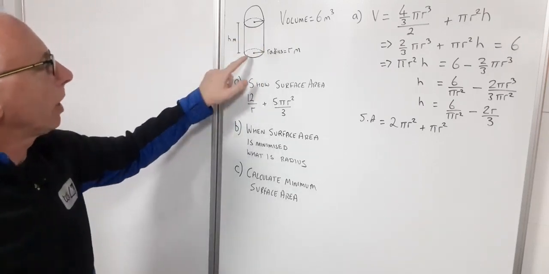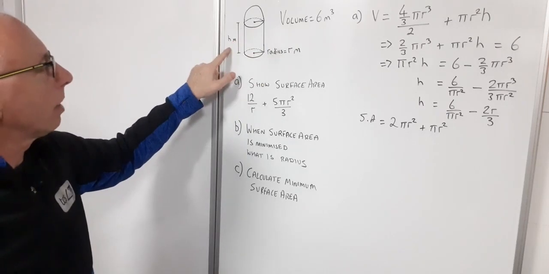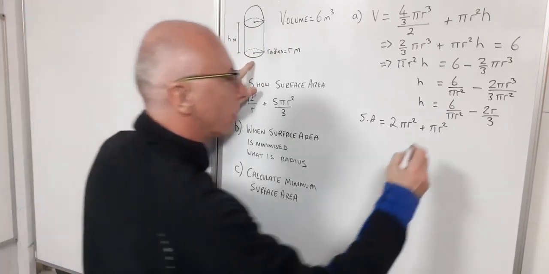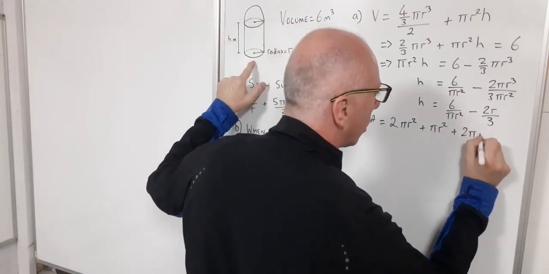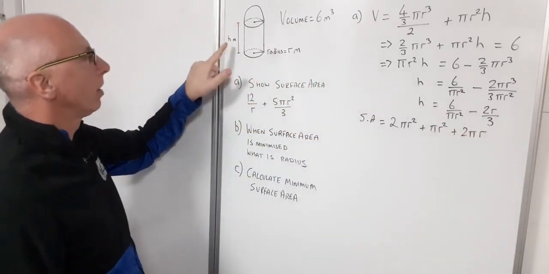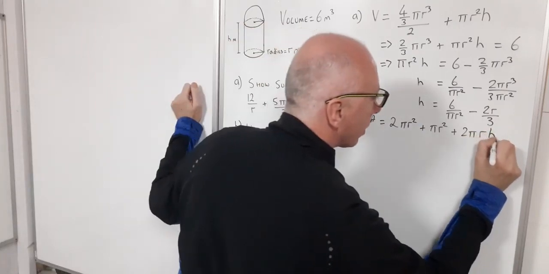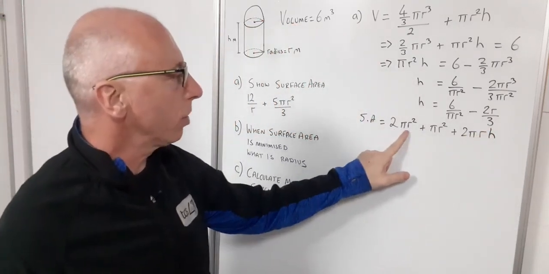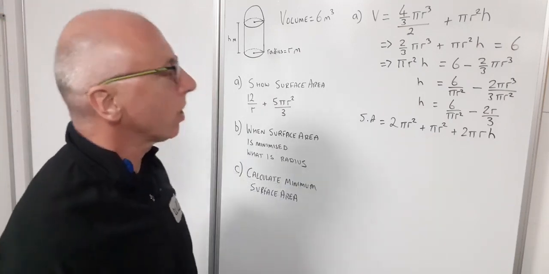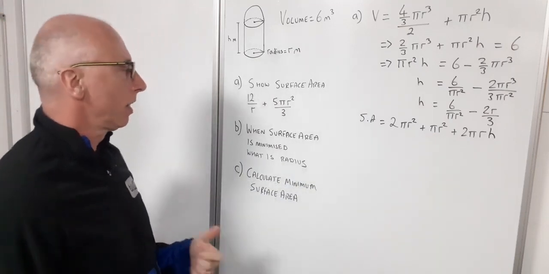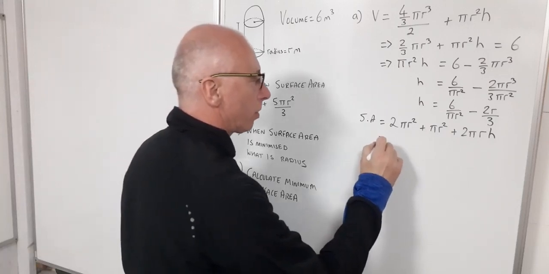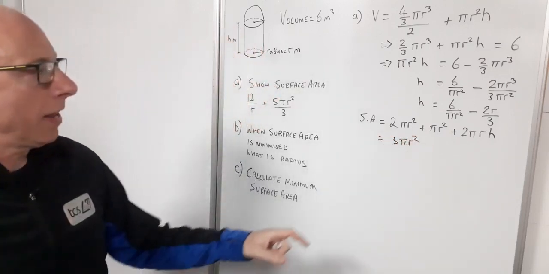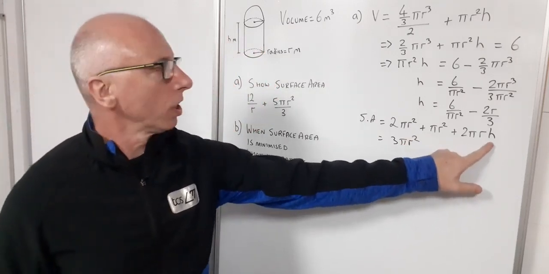So that will be whatever the circumference is times the height. Well, that will be 2 pi r times the height. Okay, now I can see straight away here 2 pi r squared plus pi r squared, that's going to give me 3 pi r squared. So now I've got surface area equals 3 pi r squared, and then I've got 2 pi r h.